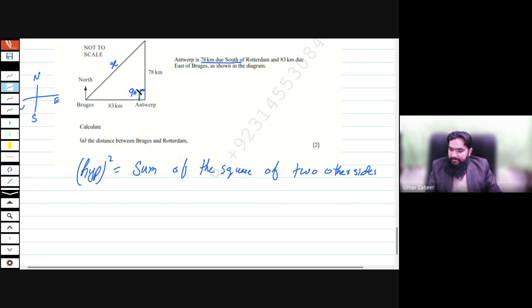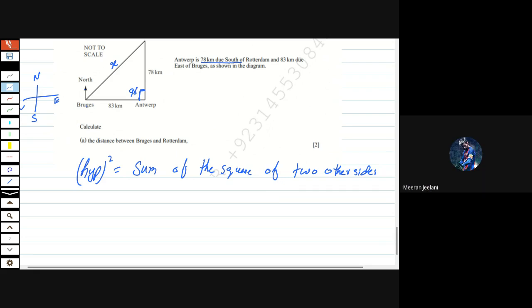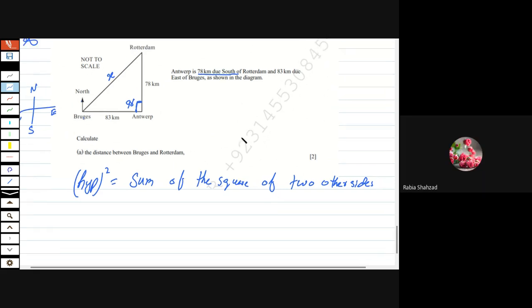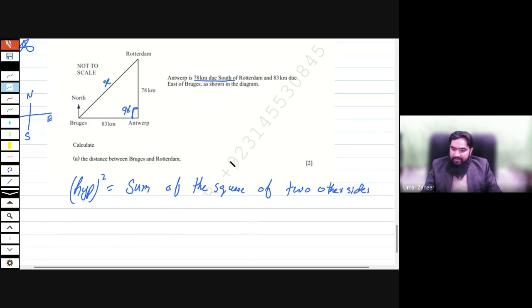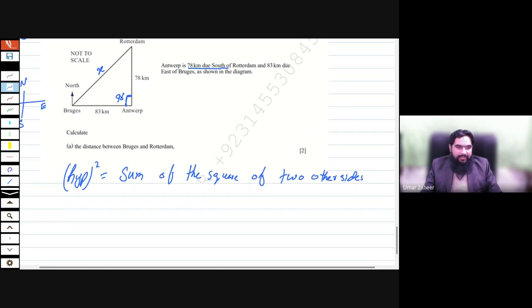It is the longest side. The hypotenuse is always the longest side, and it is opposite to the 90 degree angle as well. So that is x. So x square is equal to the sum of the squares of the other sides, 78 square and 83 square.